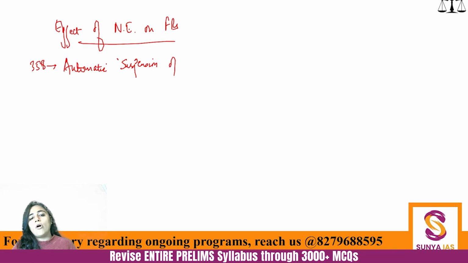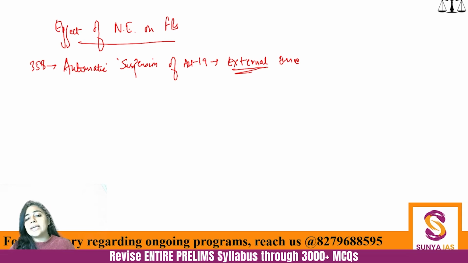Write down the small heading: effect of national emergency on fundamental rights. Article 358 says automatic suspension of Article 19 in case of external emergency.